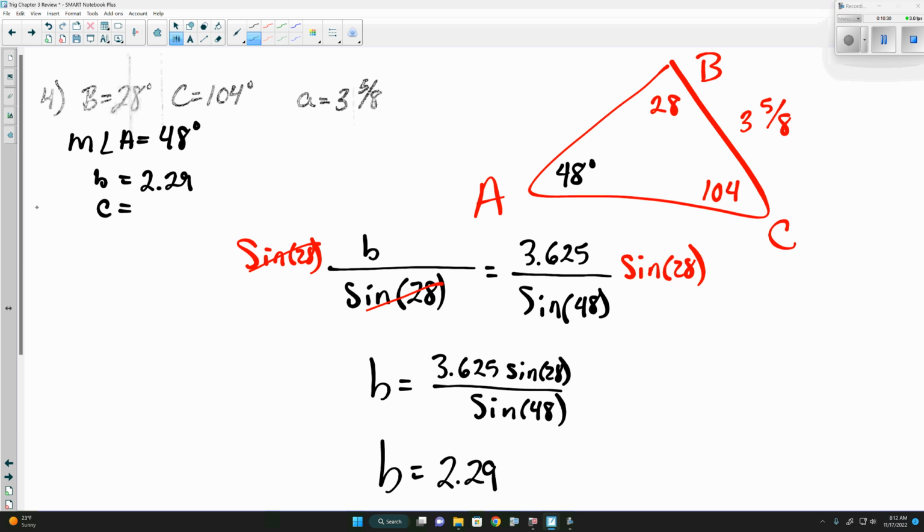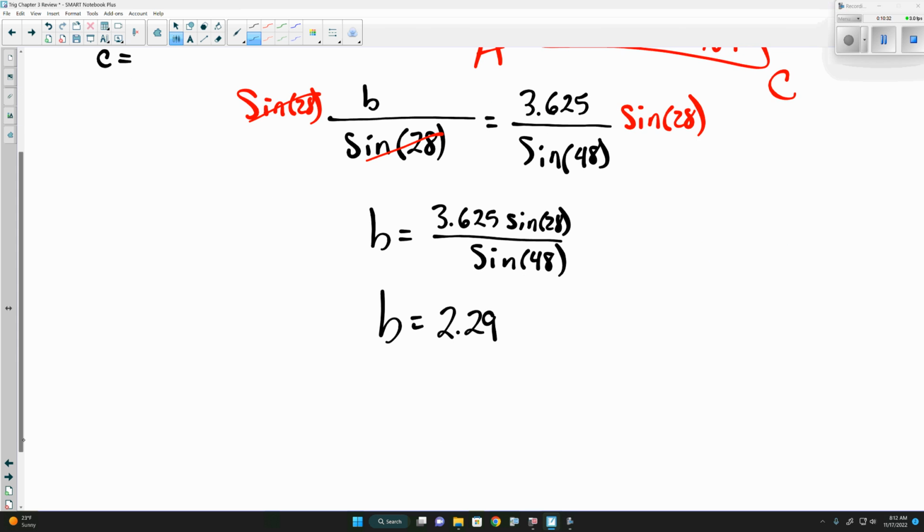Now the last thing we need to find is C. Well, C in the end is going to look similar to what we have here, 3.625 times sine of 104 over sine of 48.